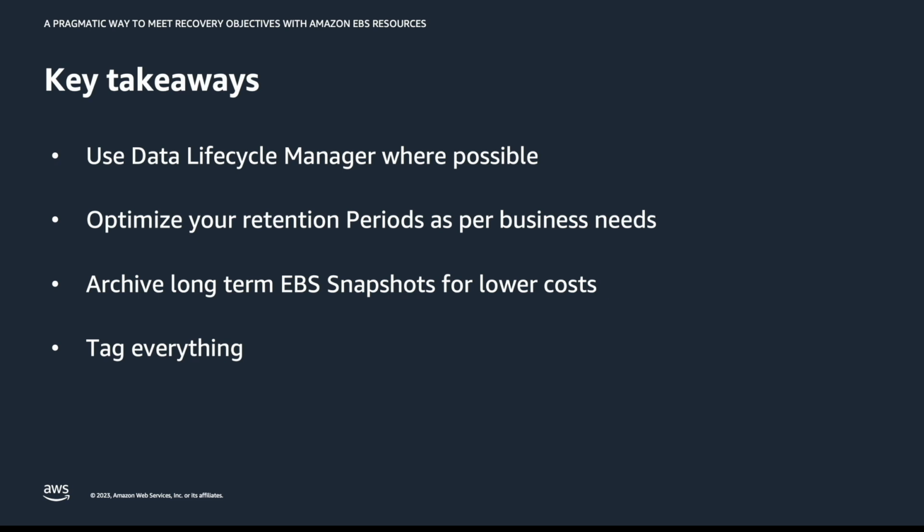Make sure that all of your EBS volumes in your account are tagged. As we learned from this demonstration, that's how Amazon Data Lifecycle Manager recognizes the EBS volumes and creates snapshots, or even EC2 instances tags are used to create AMIs, and the descriptions and the tags are also used for cross-account copy policy events.